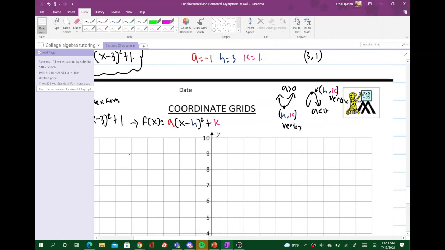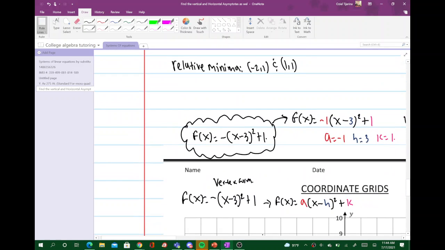Now, our axis of symmetry. What you always want to know about any parabola, it really doesn't matter how it's shaped, is that this x equals h value is your axis of symmetry.